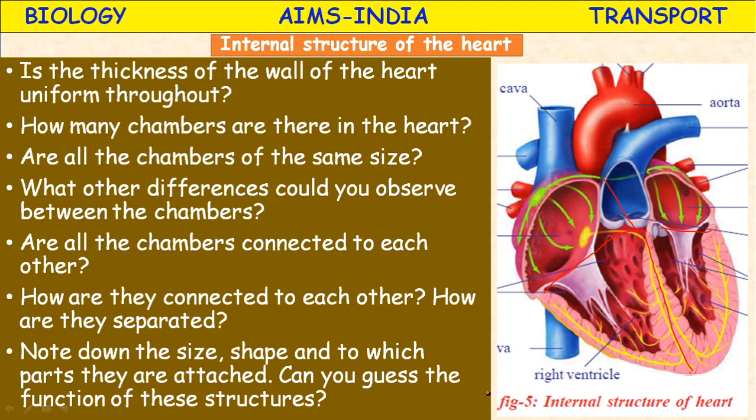Next question: how are they connected to each other, and how are they separated? Just now we have discussed. They are separated by the interauricular septum, which separates the two auricles, and the interventricular septum, which separates the two ventricles. And how does the blood from the auricle enter the ventricle?